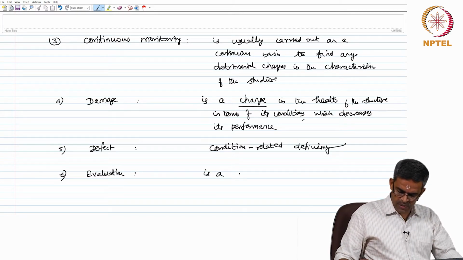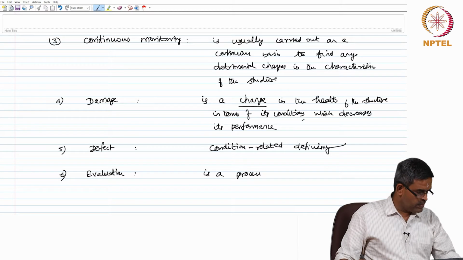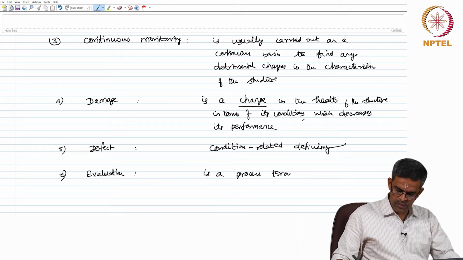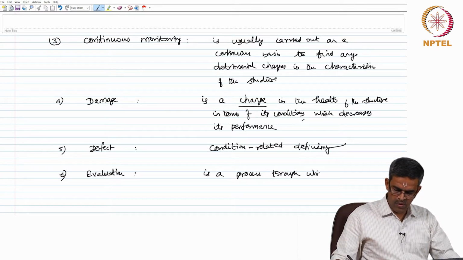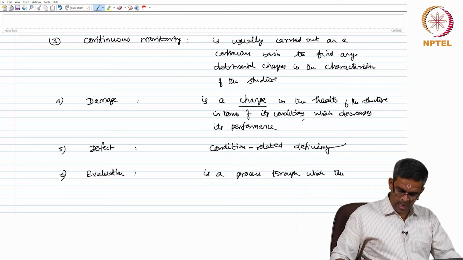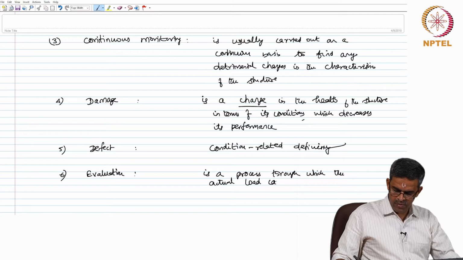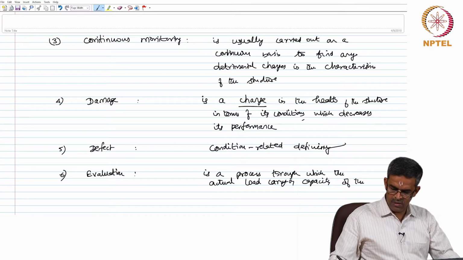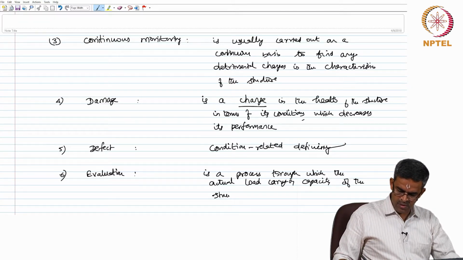What is meant by evaluation? Evaluation is a process through which the actual load carrying capacity of the structure is determined.